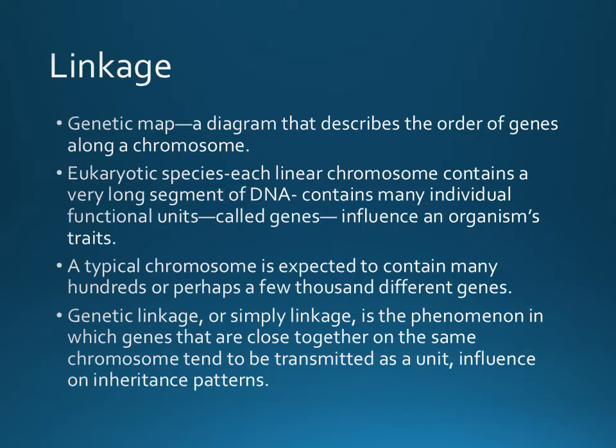So a typical chromosome is expected to contain many hundreds or perhaps a few thousand different genes, because there are only 46 chromosomes but there are thousands of genes.